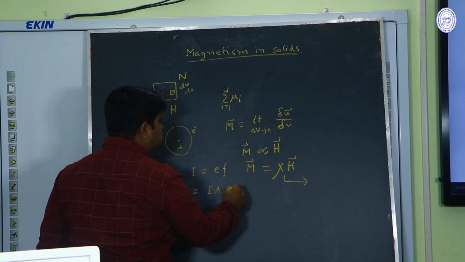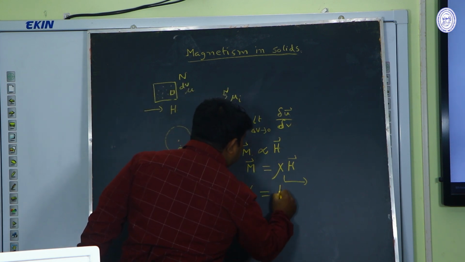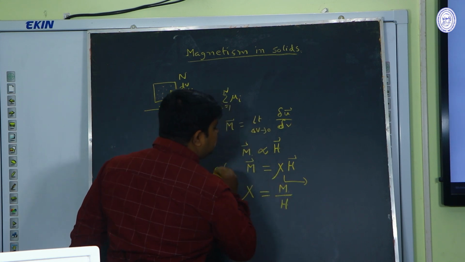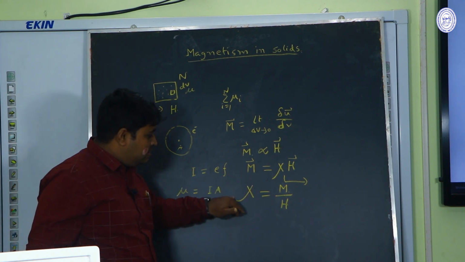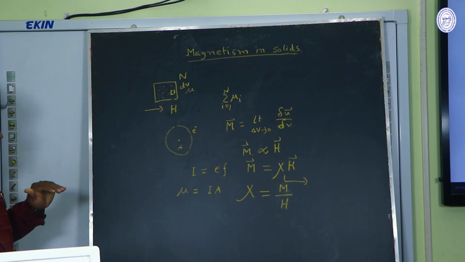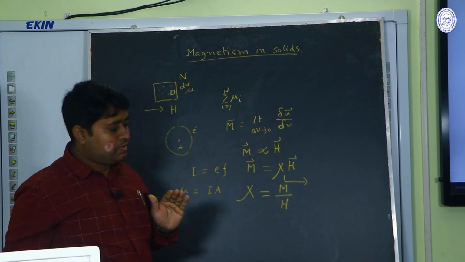Susceptibility chi can be expressed as magnetization per unit magnetic field. Depending on the susceptibility, materials can be classified into 5 categories.